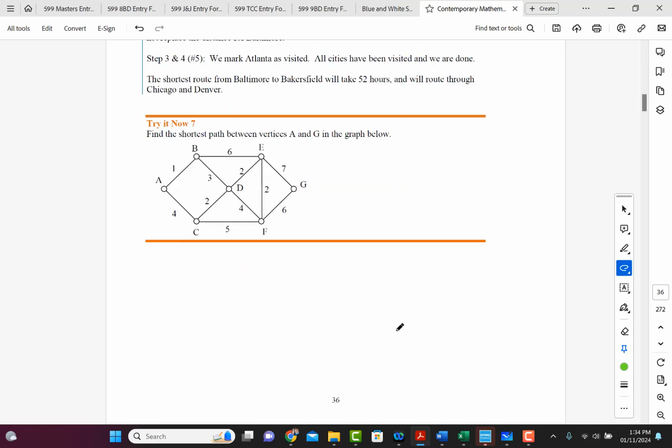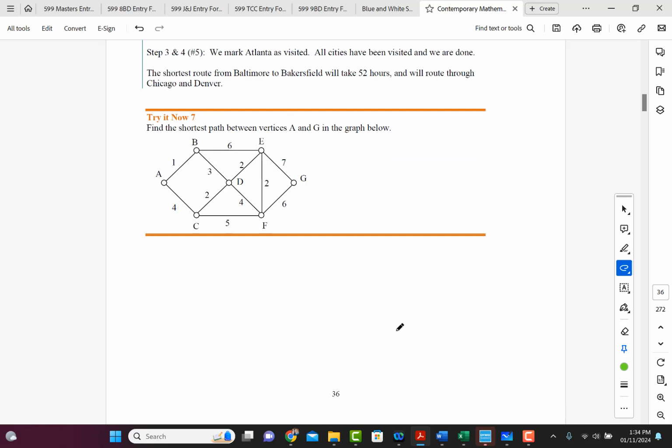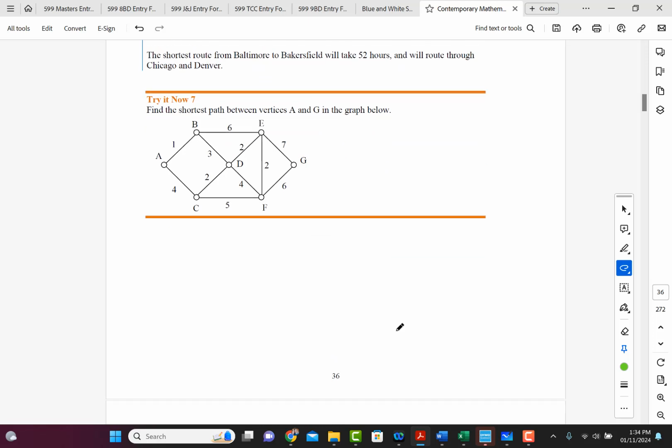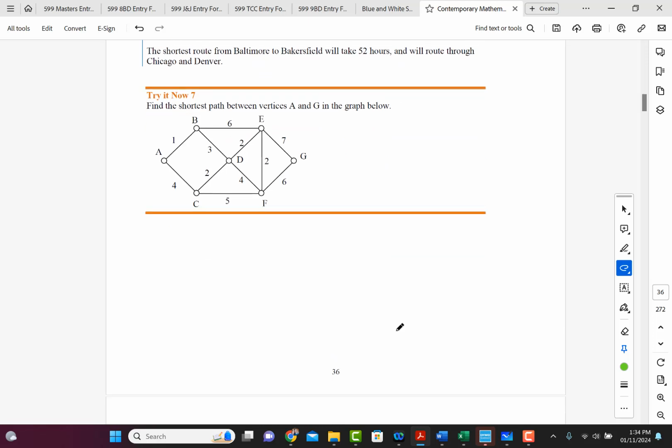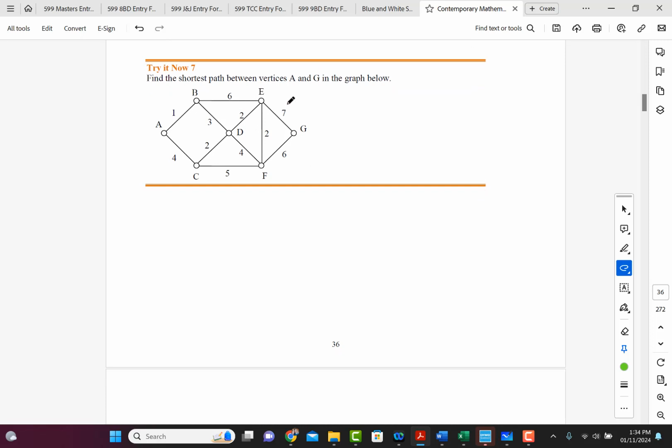All right. And here we go. Let's do this one. Let's find the shortest path for this one. Okay, so let's take this one step. We're going to go from A to G. So here's our current. The way we're going to do this is we have 6 and 7.